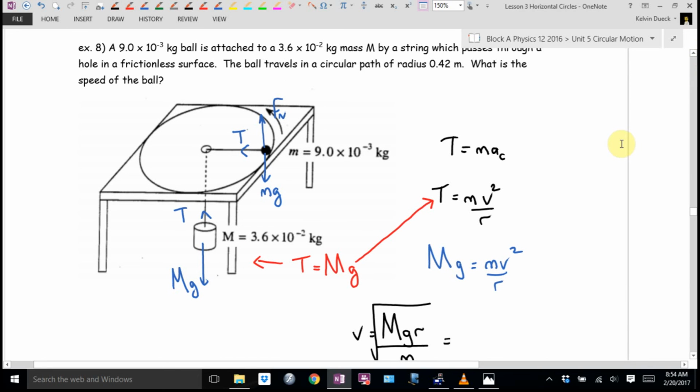It's going to be the square root of big M is 0.036, 3.6 times 10 to the negative 2, times 9.8, times 0.42, divided by 0.009.